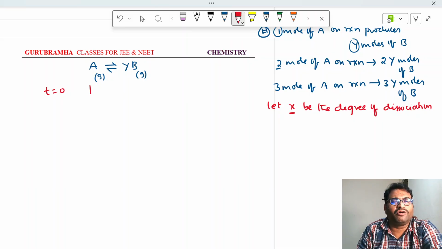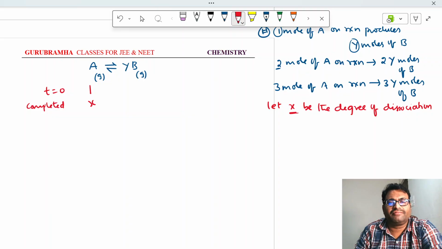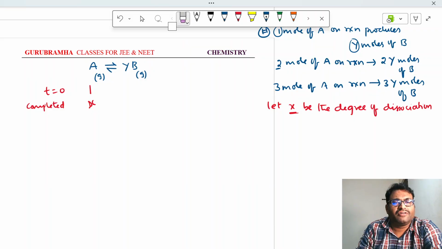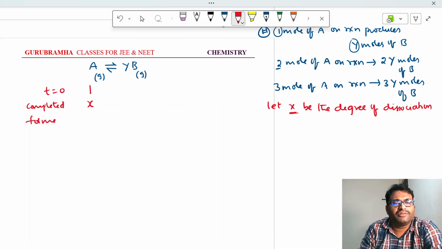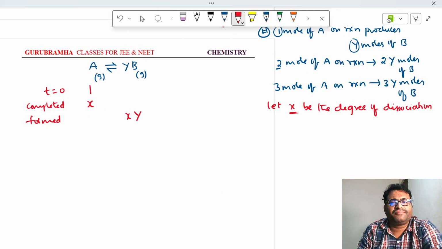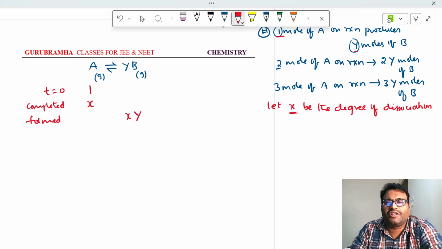Let me take 1 mole of A. At equilibrium, X is completed, so X moles have dissociated. How many moles are formed? 1 mole dissociated forms Y moles of B.